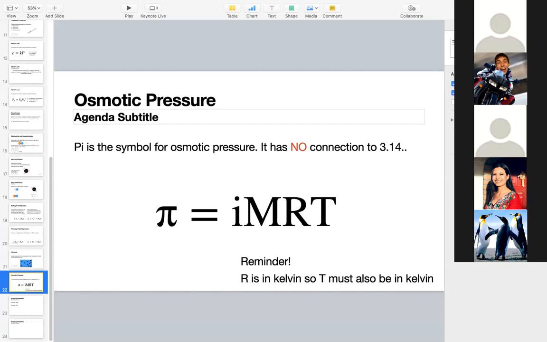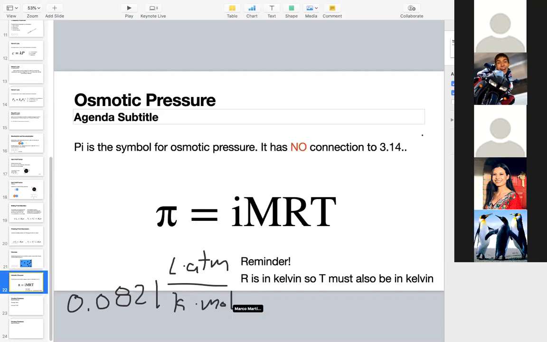So R is our gas constant. R will never change, and R is equal to 0.0821. The unit is liter atmosphere per K mole.